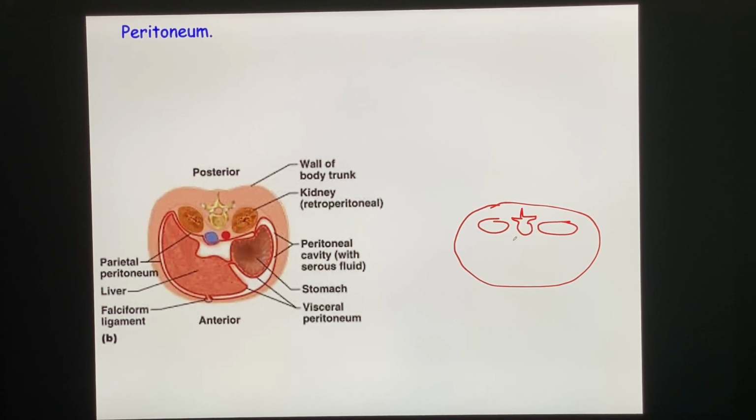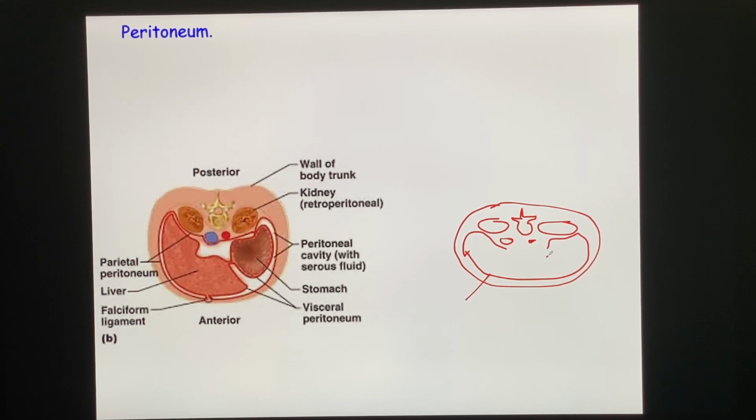So here we have the great vessels. Now if the peritoneum is going around the body wall like this, we call it the parietal peritoneum.